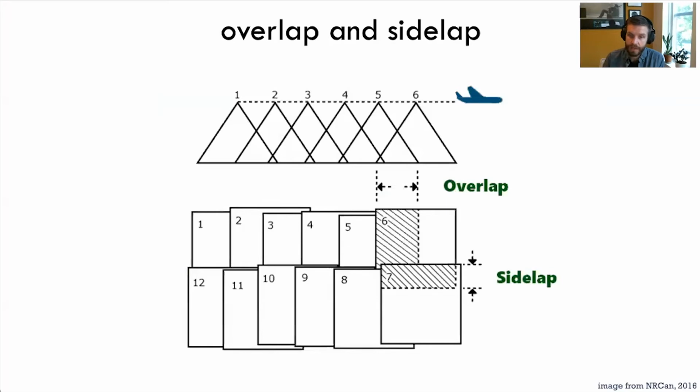Overlap is the amount that images intersect as you're flying in a single path across the area. And then side lap is how much the images cover each other between the rows. So once you turn around and the drone starts flying back in the other direction, covering ground a little bit further along, the amount between the rows is the side lap.